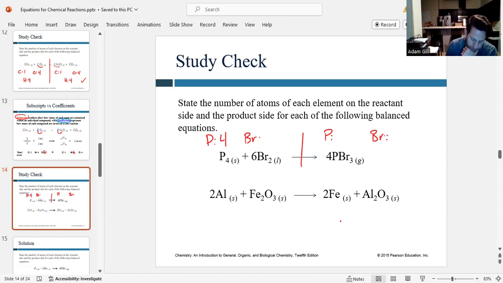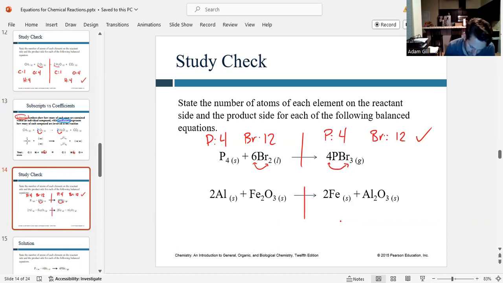And then for bromine, we have 6 Br2s, so we're going to multiply the 6 by the 2, and that's going to give us 12 bromine atoms. On the right side, we have 4, and there's only 1 phosphorus in this compound, so that's 4 phosphorus atoms. And then we're going to multiply the 4 by the 3, and that's going to give us 12 bromine atoms. And it looks like everything's balanced.